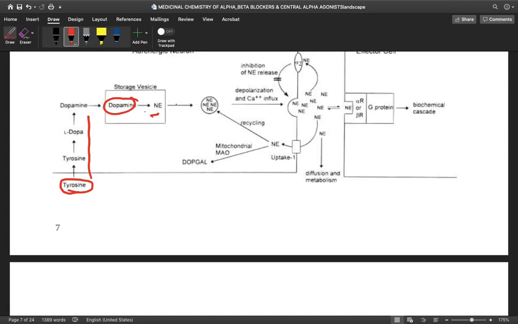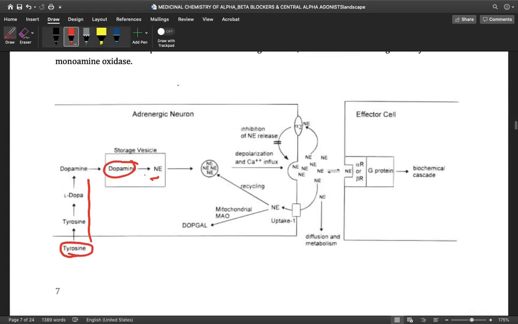Now, there's a few things that happen when norepinephrine is released from the adrenergic neuron. It's going to bind to the effector cell.